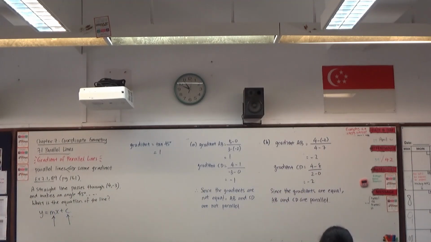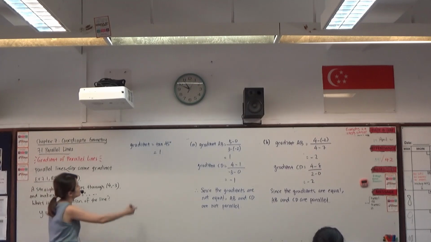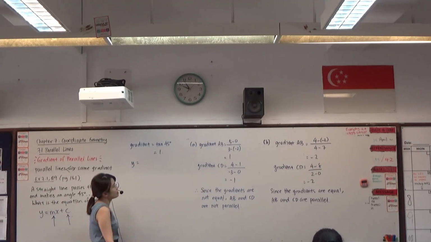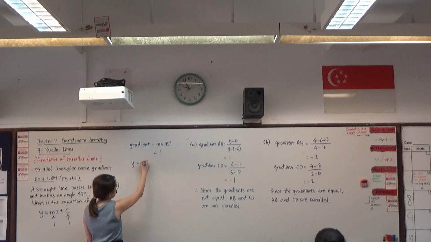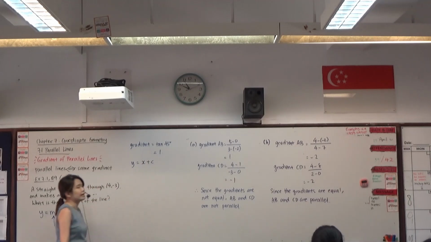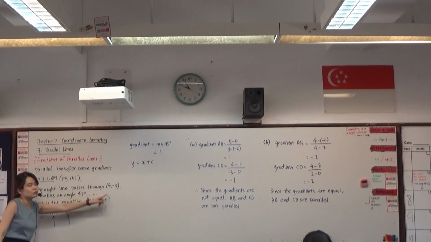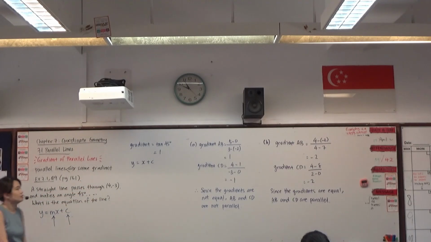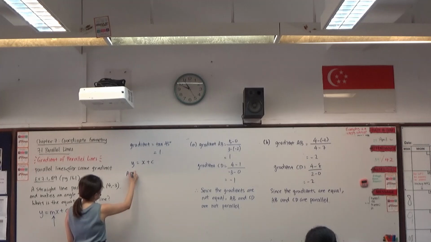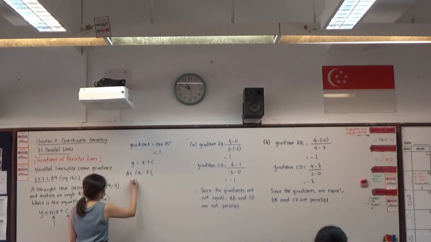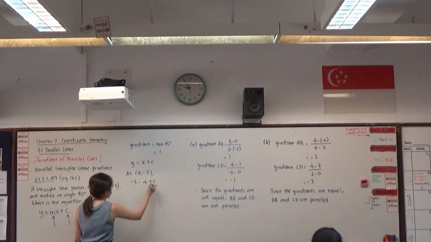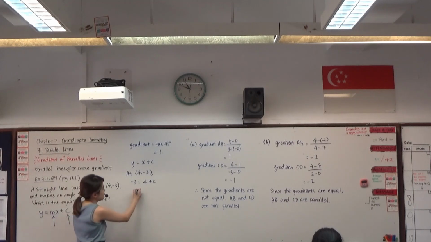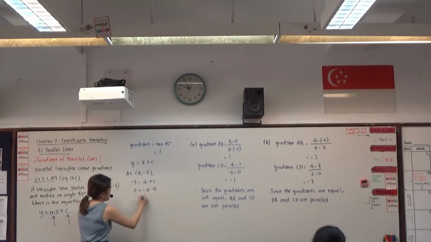When we were doing E-maths, what do we have to do? We form our incomplete equation, right? M is actually 1, but we don't need to write 1x. We form our incomplete equation of y equals to x plus c. Then, because this line passes through the point 4, -3, I submit in, okay, and then I can find the value of C to be -7.